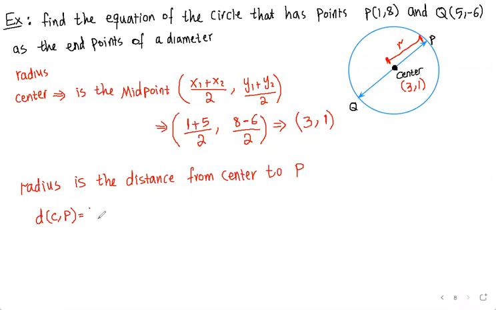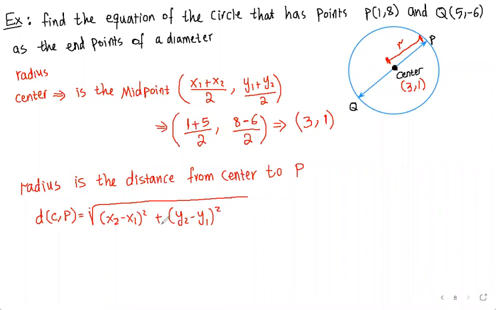Who will remind me the formula? It's distance equals square root of x2 minus x1 squared plus y2 minus y1 squared.